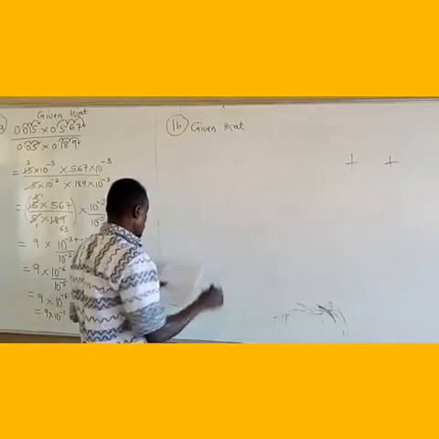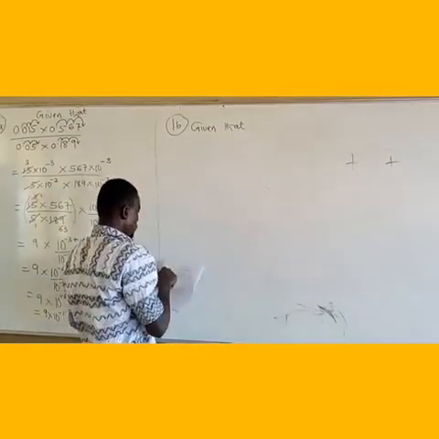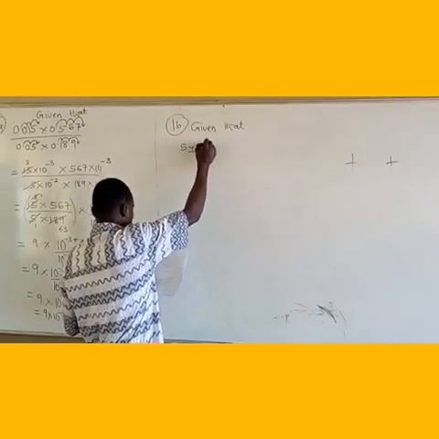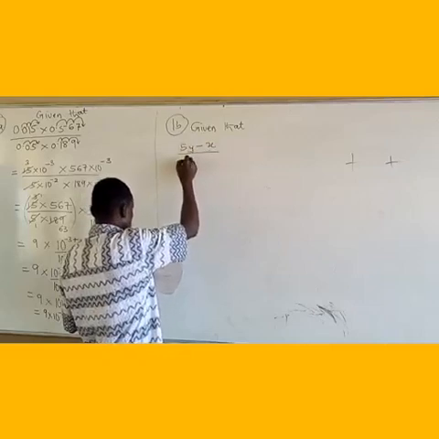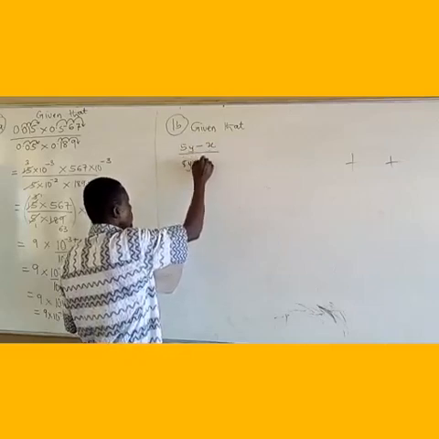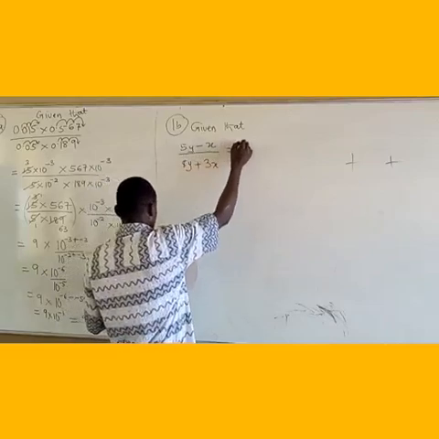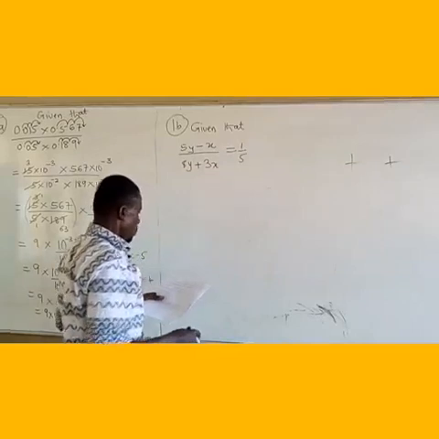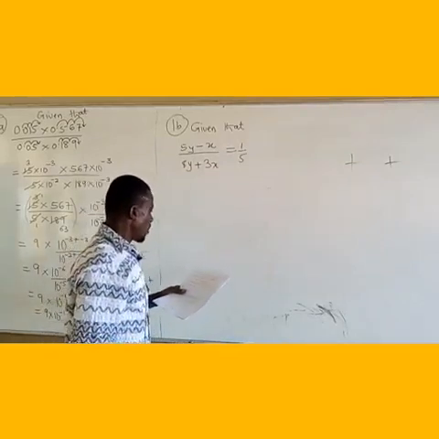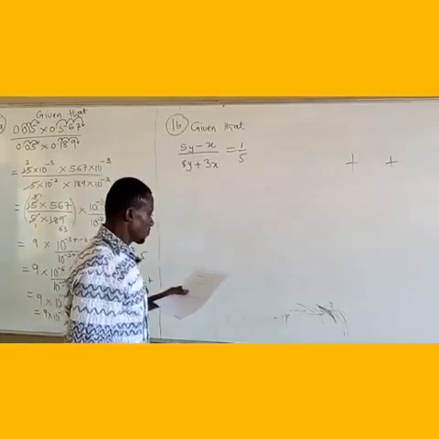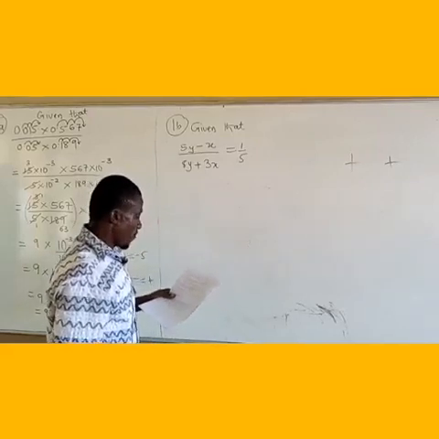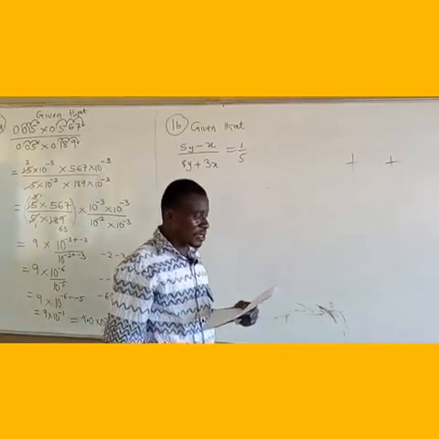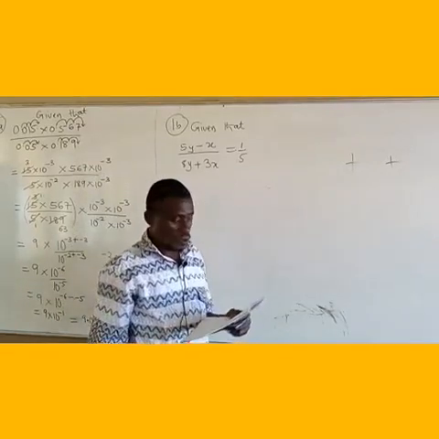Now we are given that (5y minus x) all over (8y plus 3x) equals 1 over 5. Find, correct to 2 decimal places, the value of x over y.